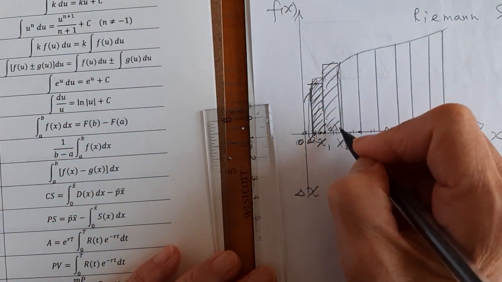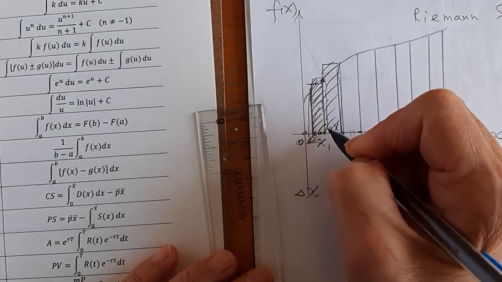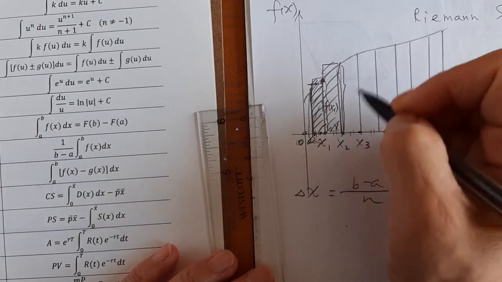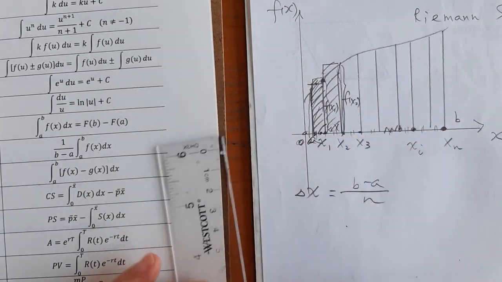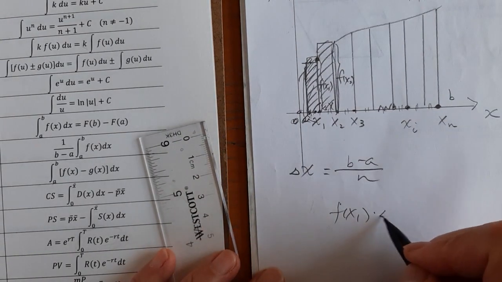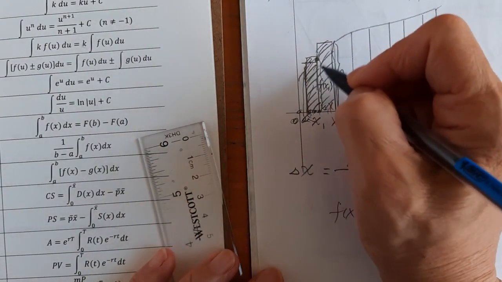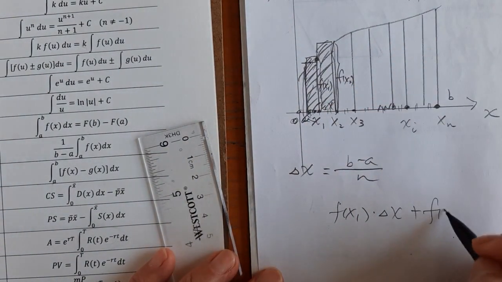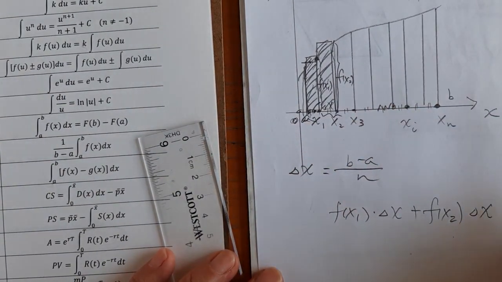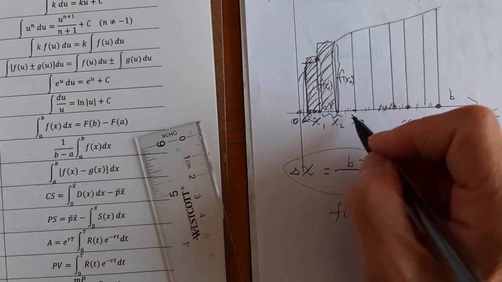The base is delta x, and this height is f of x1, and this height is f of x2. So it's going to be f of x1 times the base, a rectangle area. Add f of x2 times the base, also delta x, because we divided into equal intervals.